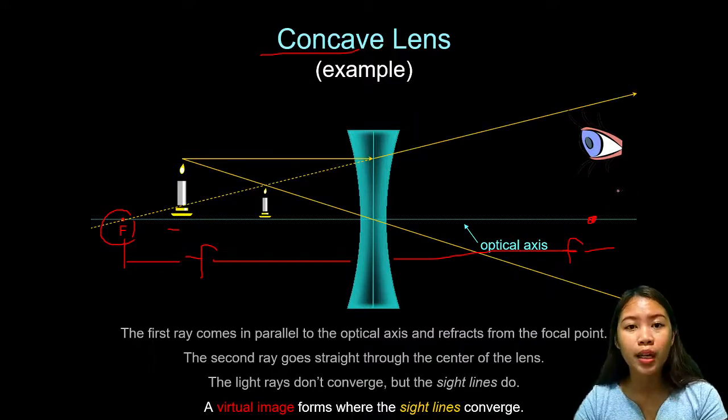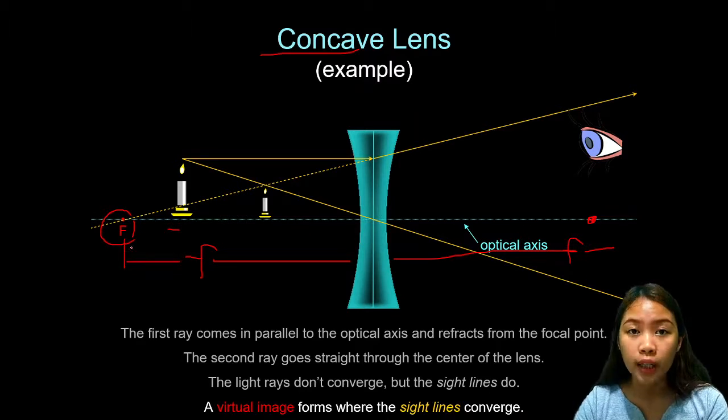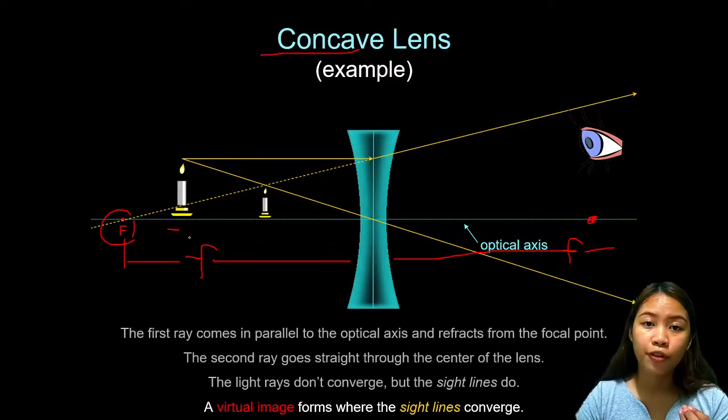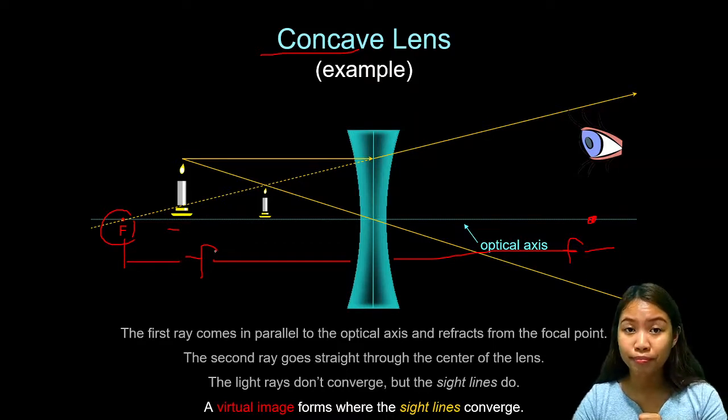Now, in our case, so that you can see it, we will use only two light rays, and the focal point we will use is the one on the object's side, because it is a concave lens. So again, DO is shorter compared to the F, or focal length. And that's for our image.